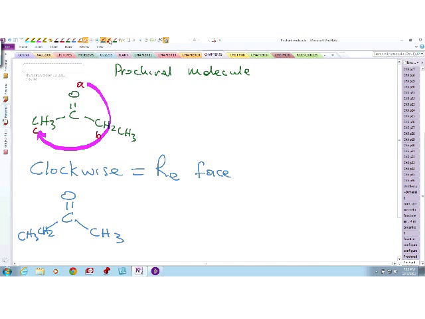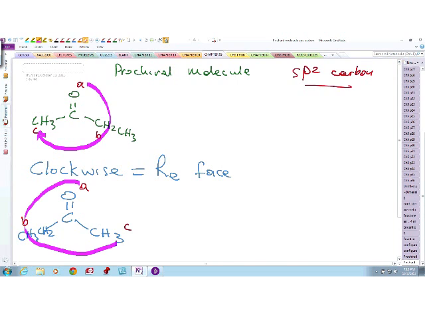Now, I then assign priority again to this. This is A, of course this is B, and this is C. Assign priority to the atoms attached to the sp2 atom. And then you make your motion, go from A to B to C, and what is that motion?